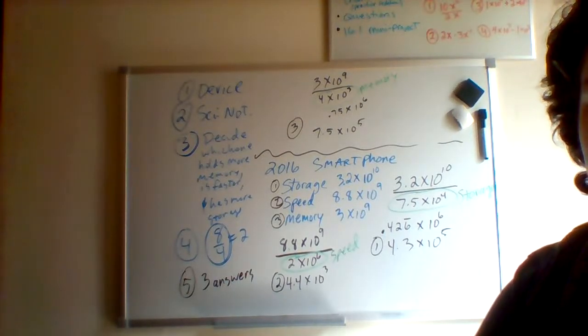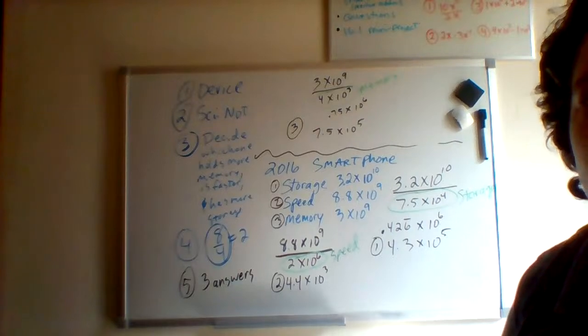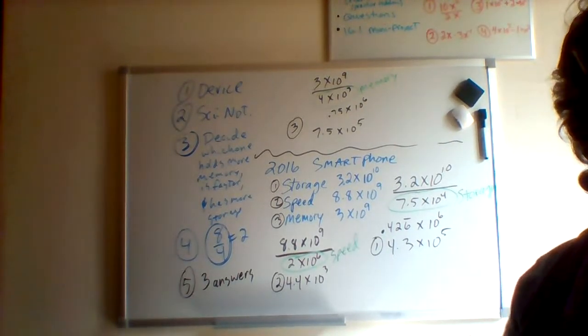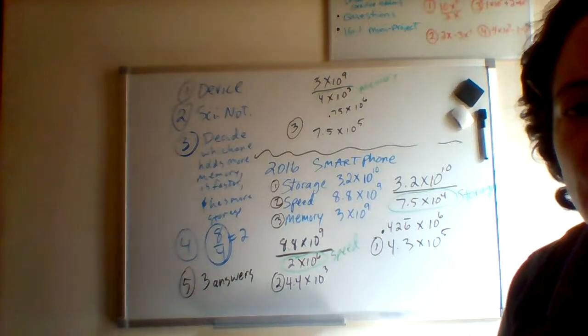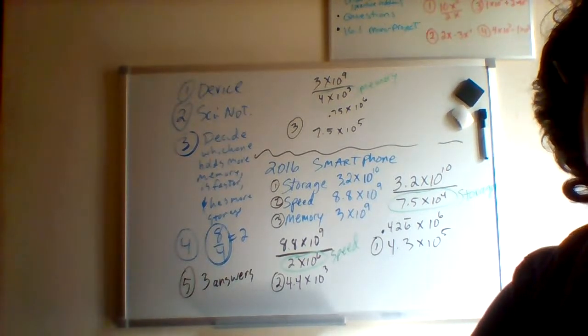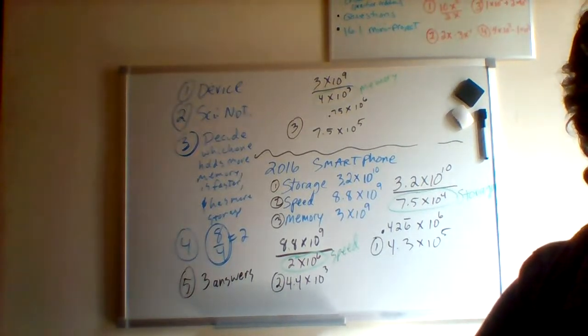You guys can pick any of the devices except Apollo Guidance because that's the one you're comparing it to, and you don't pick the 2016 smartphone because that's the one that I demonstrated. You have 5 other devices that you could pick from.